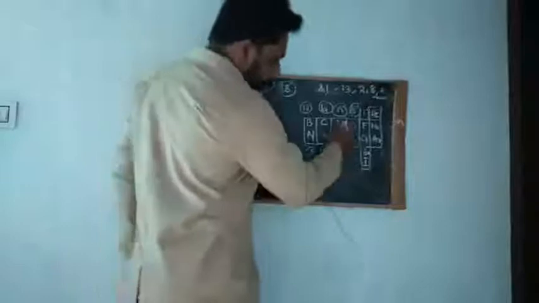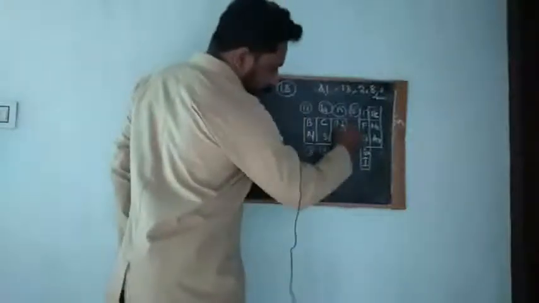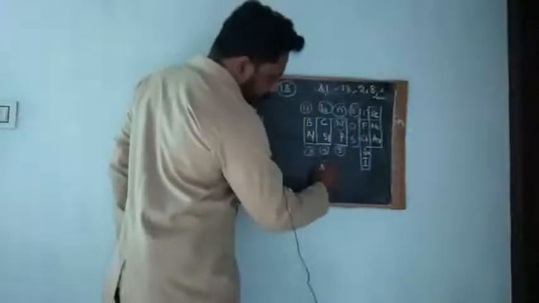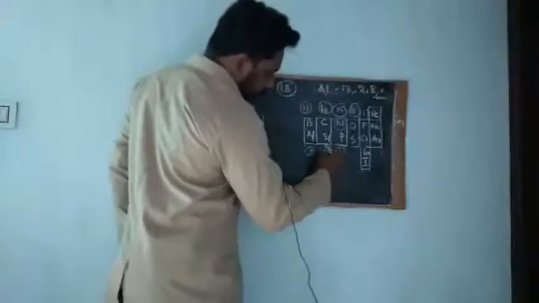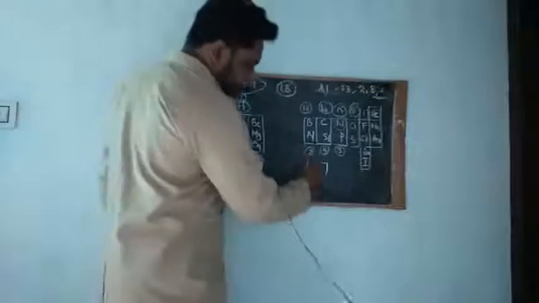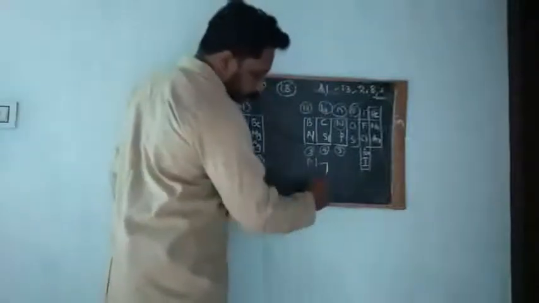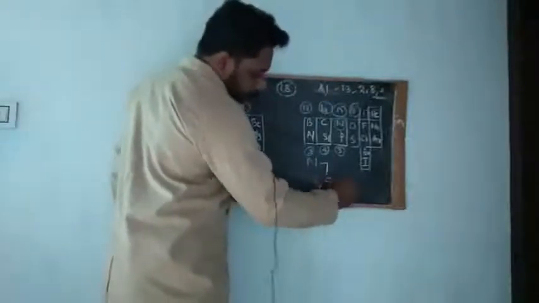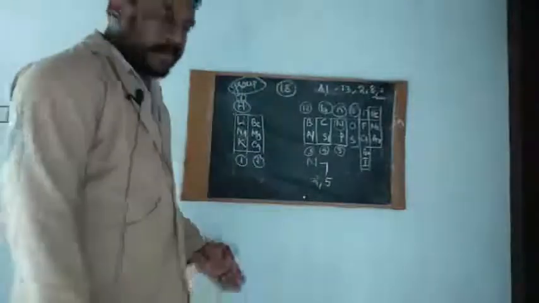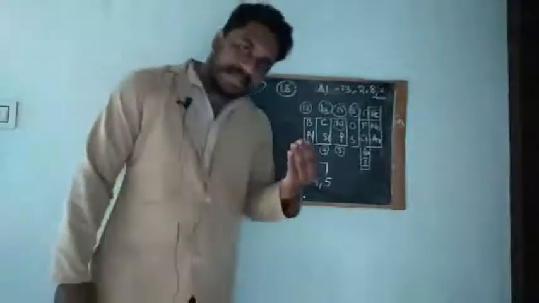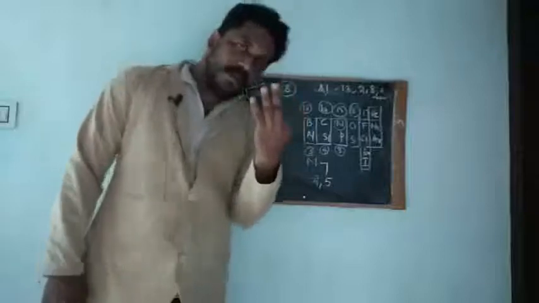But nitrogen, atomic number 7, has electronic configuration 2, 5. It will accept 3 more electrons to be stable.